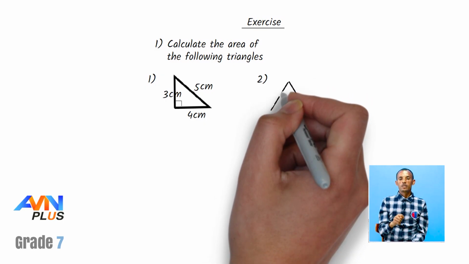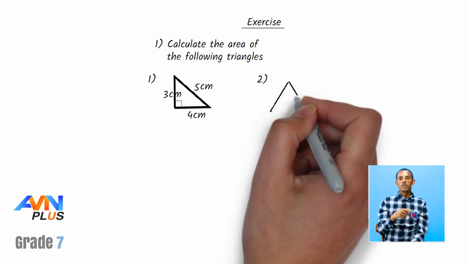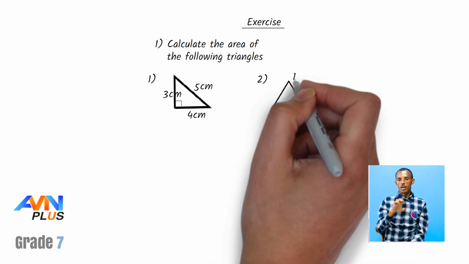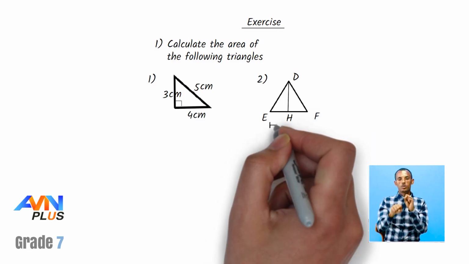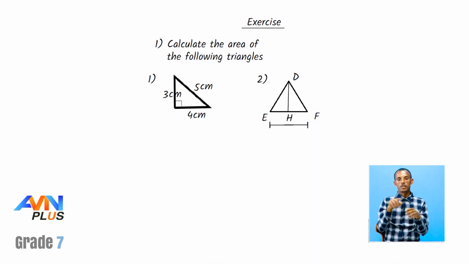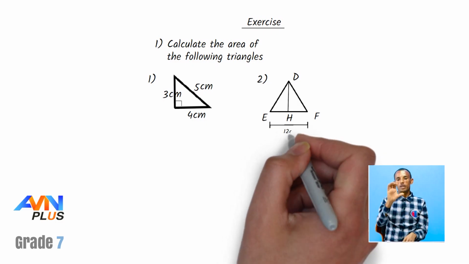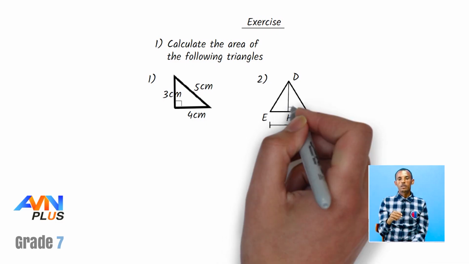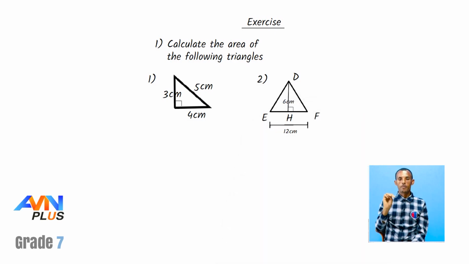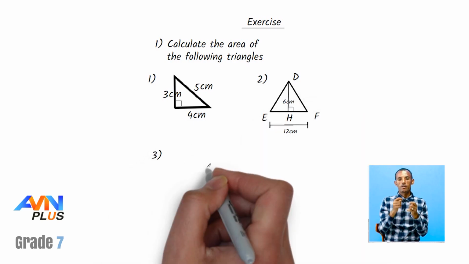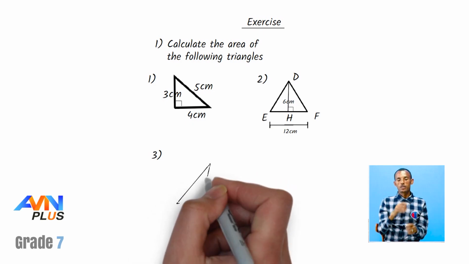Assume this one is DEF, and this one is H. This distance is given to be 12 centimeter, and this altitude is given to be 6 centimeter. Calculate the area of this triangle, and calculate this one also, the area of this triangle.